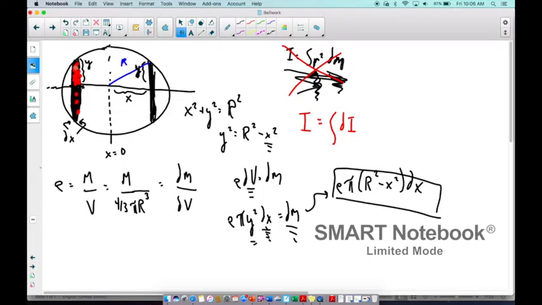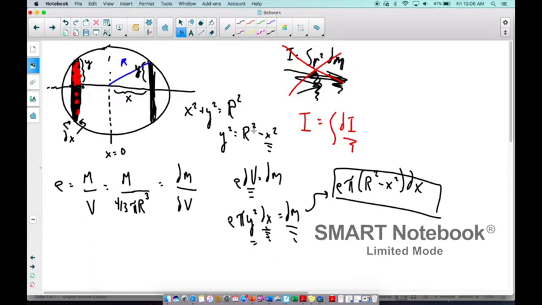And one really simple way of doing that is to view this as a bunch of really thin disks. Well, if I view it as a bunch of really thin disks, I can write an expression for the I value for each little thin disk, that would be dI, an infinitesimally little bit of I, the rotational inertia for each little disk. And then I can integrate that and get the rotational inertia for the entire thing.